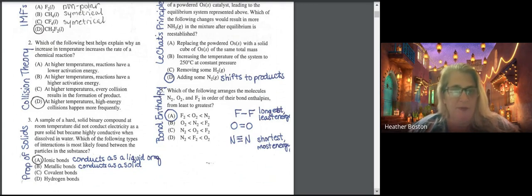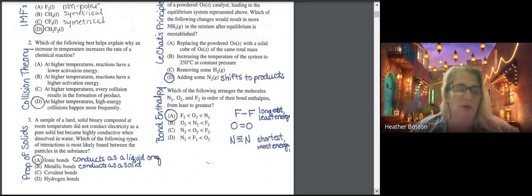3, a sample of a hard solid binary compound at room temperature did not conduct electricity as a solid, but became highly conductive when dissolved in water. Which of the following types of interactions is most likely found between the particles? Well, if they're telling you it does not conduct electricity as a solid, it cannot be a metal.